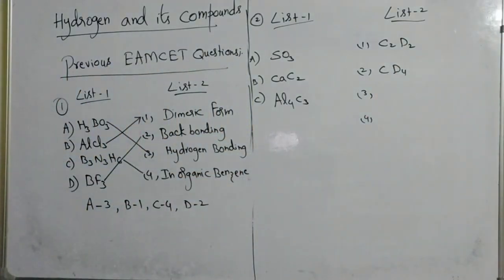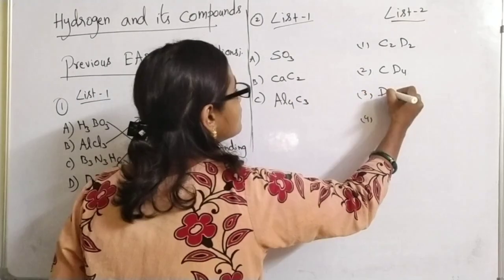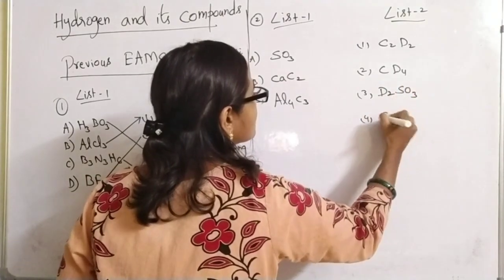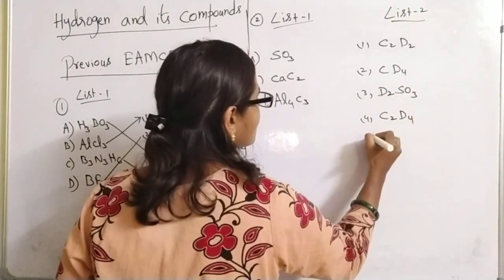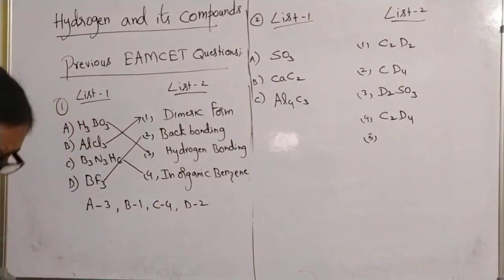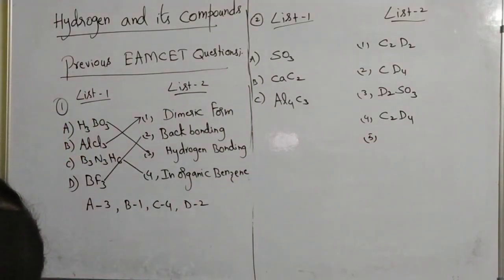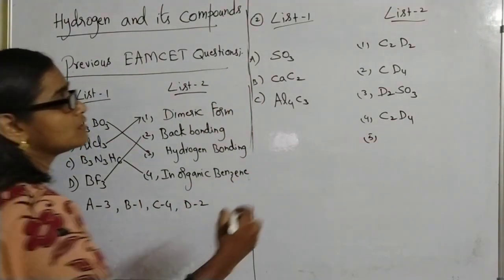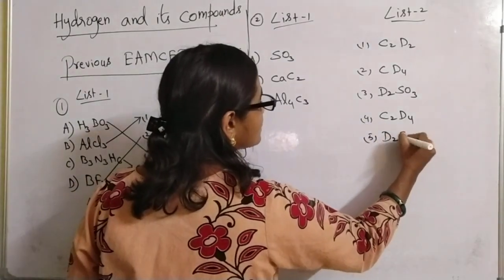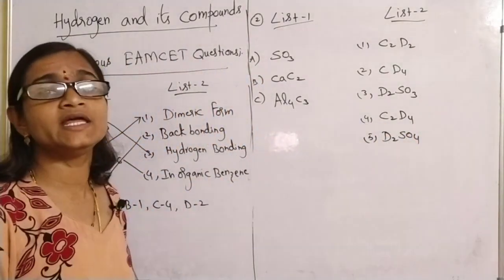C2H2 means acetylene. Now C2D2 means deuteroacetylene. D2SO3, C2D4, and the fifth one is D2SO4. See, instead of H you are finding D there.